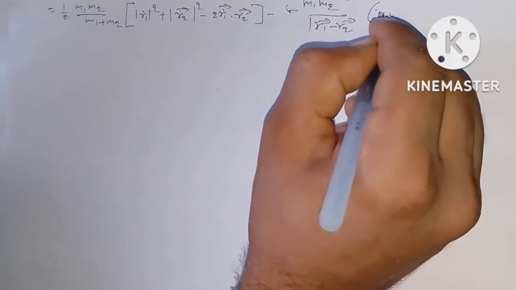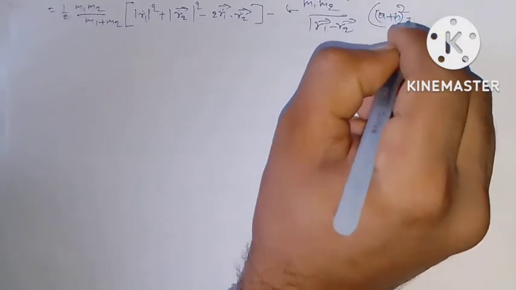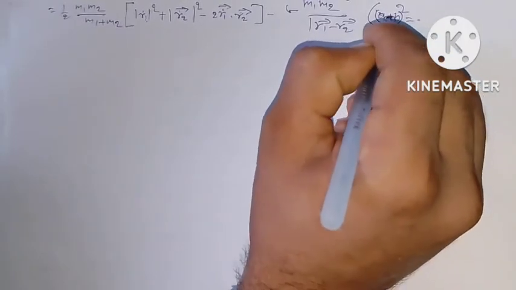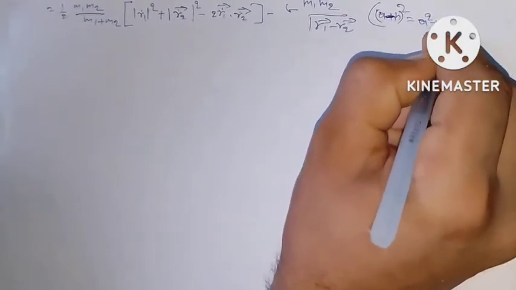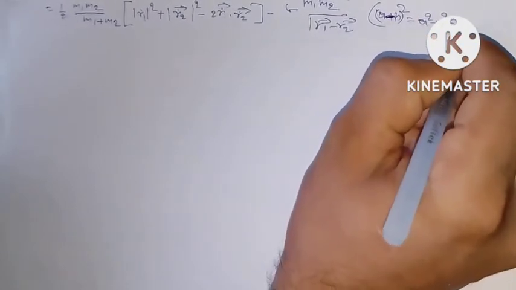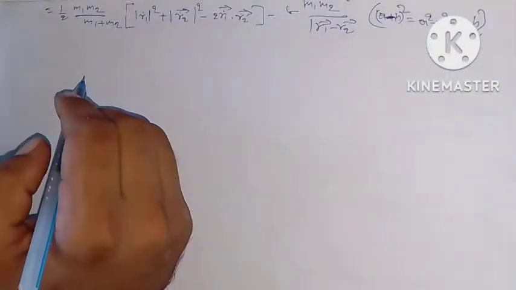(a minus b) whole square is equal to a square plus b square minus 2ab, okay.